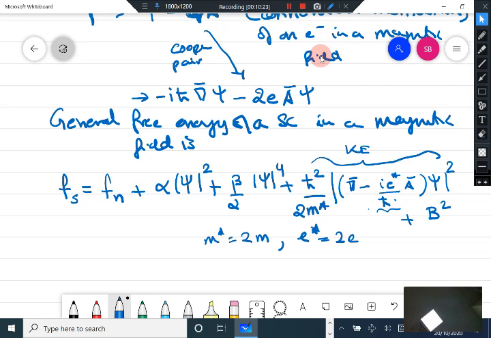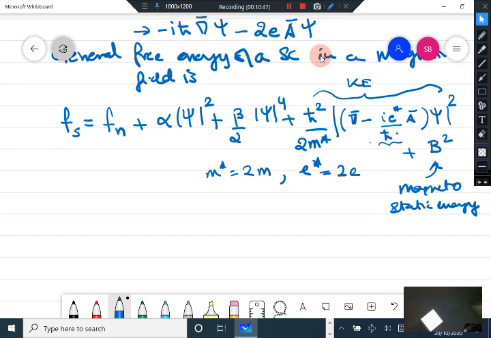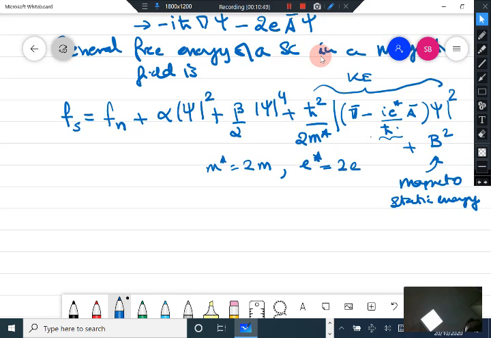If I take i h cross outside, you will get this term for your kinetic energy. And B square is of course the magnetostatic energy term, the magnetostatic energy which is in the system.